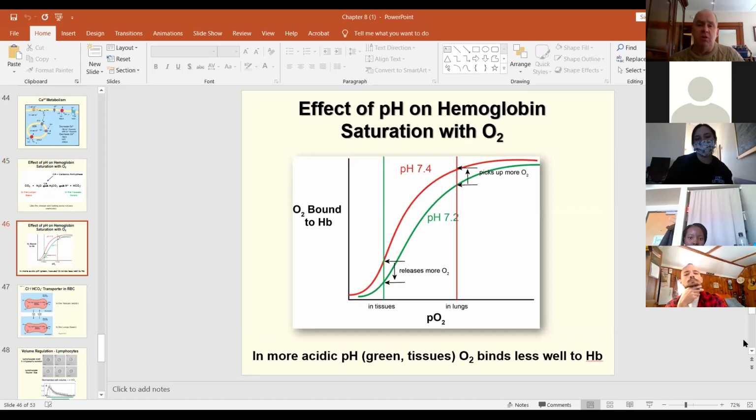So your hemoglobin then, when you're in the tissues at acidic concentration, it can release a lot more oxygen than it would if there wasn't this pH mechanism. So the difference between here and here is extra oxygen that's being released because the solution is acidic. Over here in the lungs, it's picking up this much more oxygen because it's basic in the lungs.